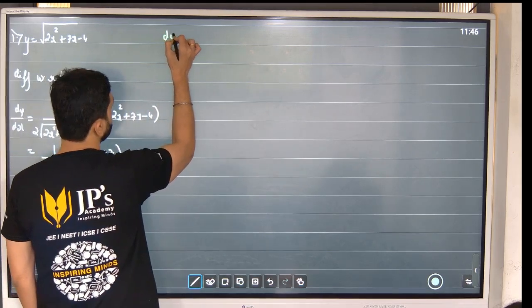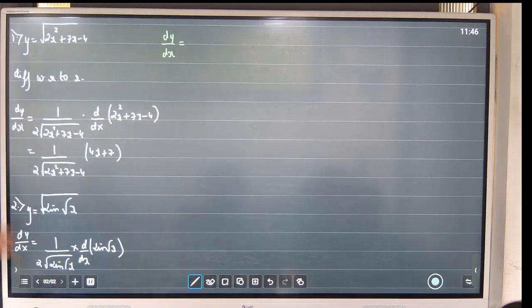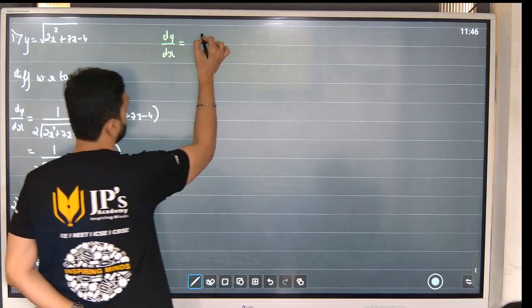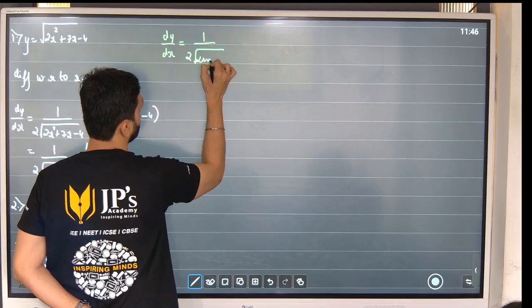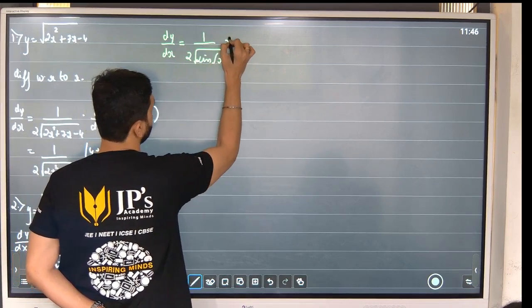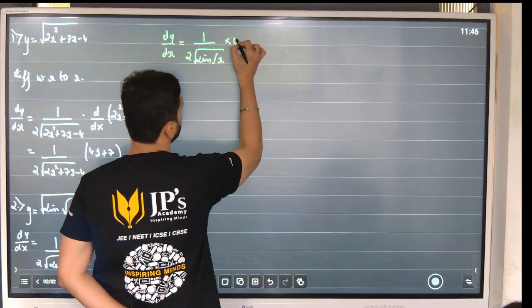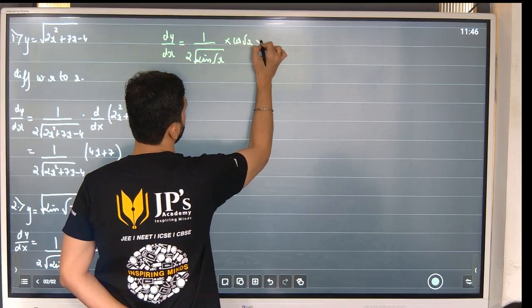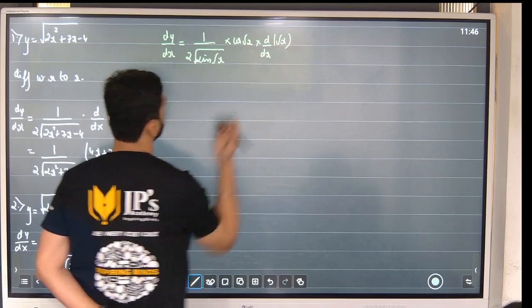Therefore, dy by dx will become 1 upon 2 under root of sine root x into, can you tell me what is the derivative of sine? Cos root x into the derivative of root x.